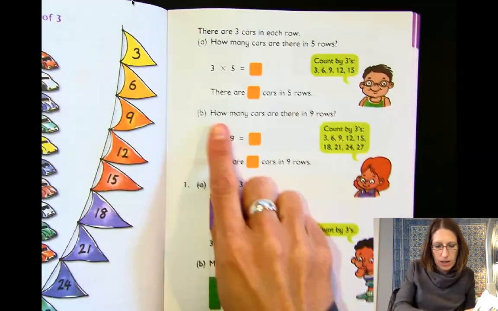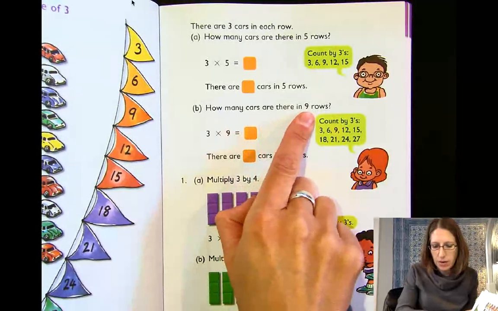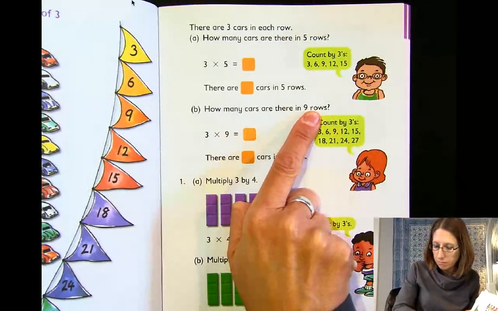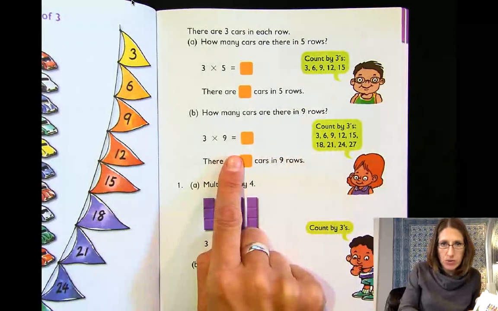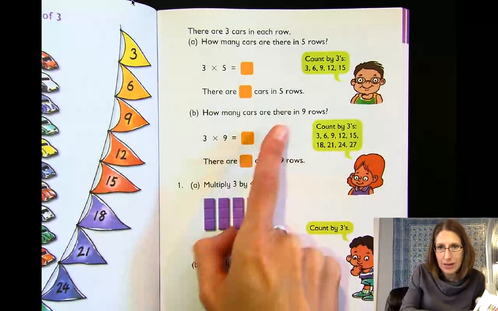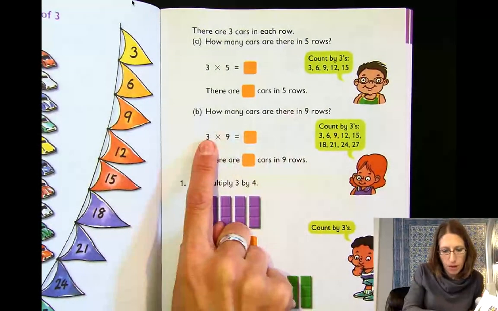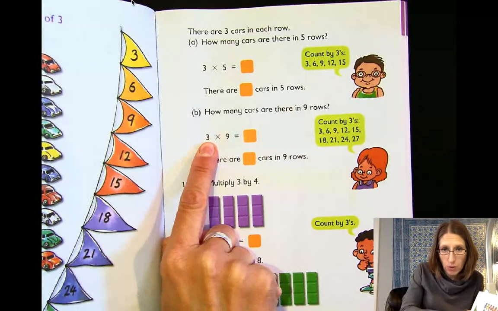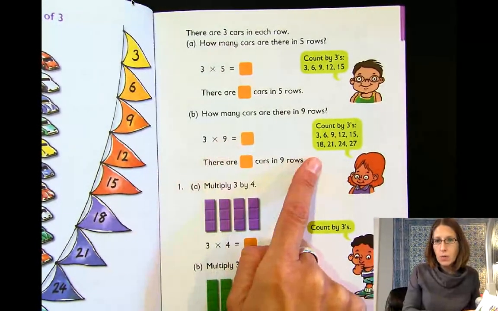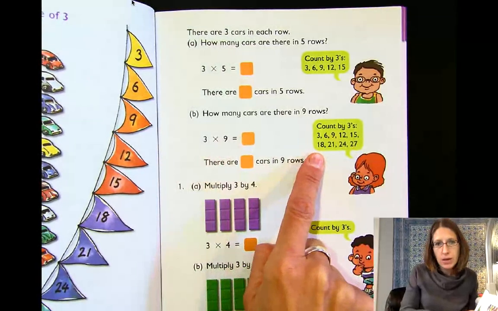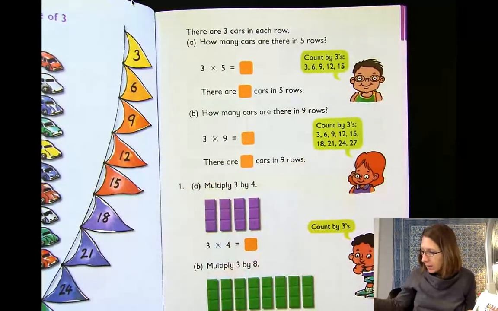Now this one says, how many cars are there in 9 rows? Again, we can count by 3's. If we're trying to find out how many cars are in 9 rows, we know there's 3 cars in each row, so 3 times 9. And we can skip count by 3's 9 times.